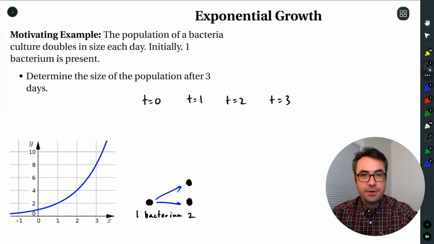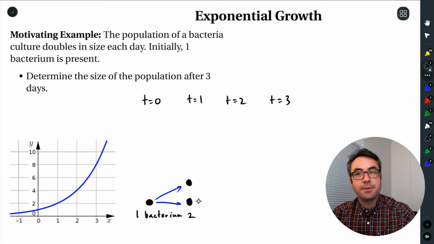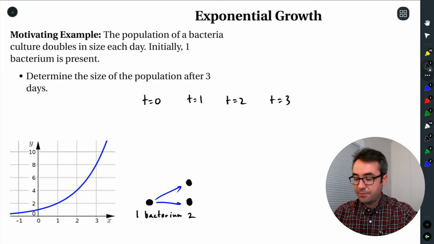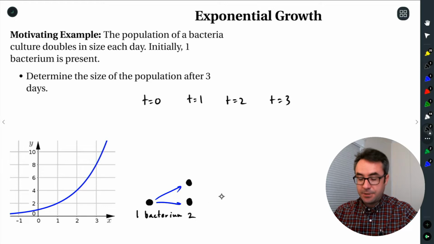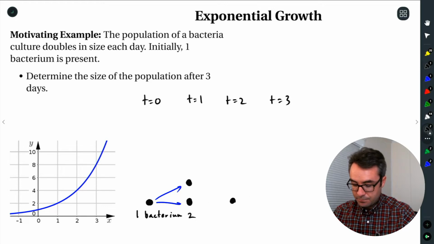Now another day goes by. So we're on day 2. How many bacteria are there going to be? Well, this bacterium here is going to split. It's going to double. And then this bacterium here is also going to split. So from this bacterium, we're going to have 2.